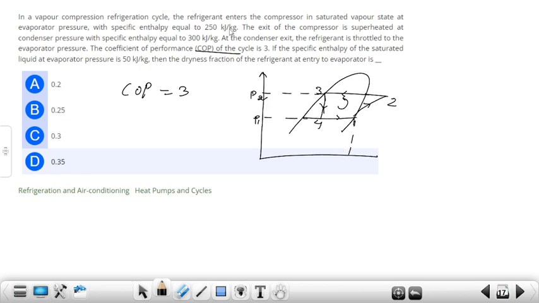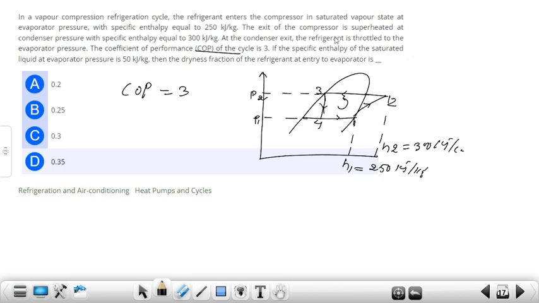Given the specific enthalpy of saturated vapor at the evaporator pressure is H1, 250 kilojoule per kg, and the exit of the compressor, at the condenser pressure, has specific enthalpy equal to 300 kilojoule per kg.